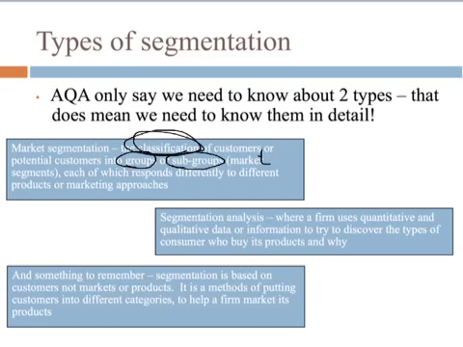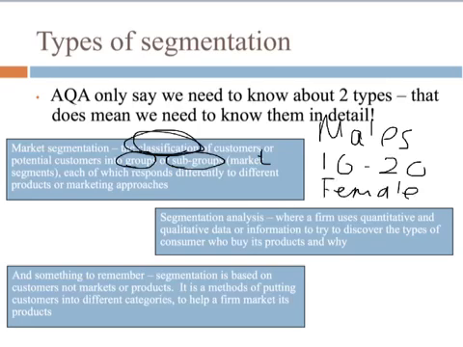So for instance, males between the ages of 16 to 20 might respond differently to the marketing of an iPod than females between the ages of 60 to 65. So we would market that to those in a different way because they are different segments of the market.